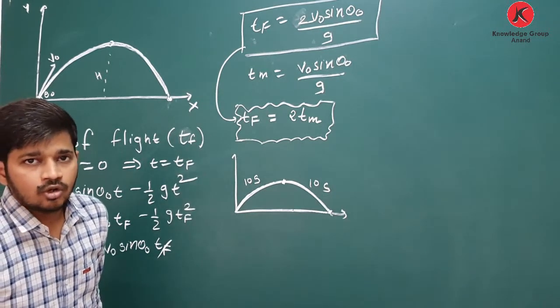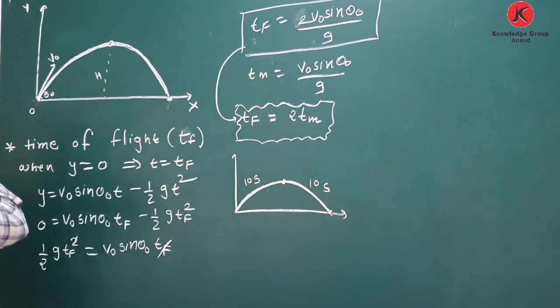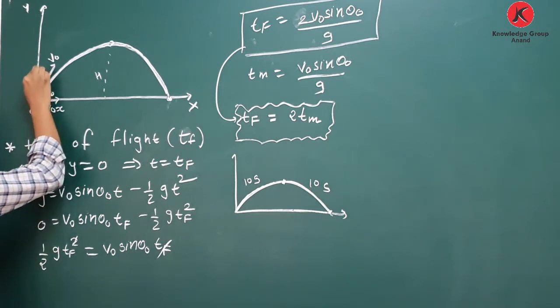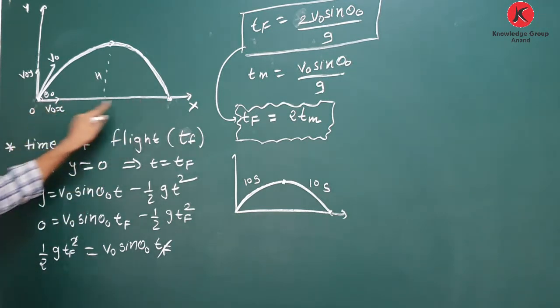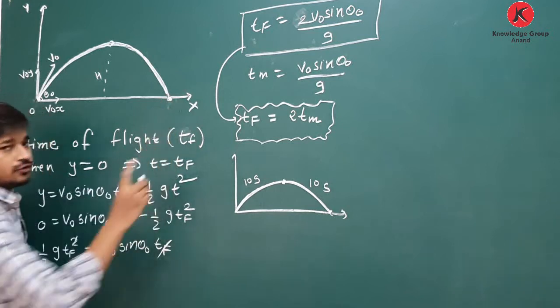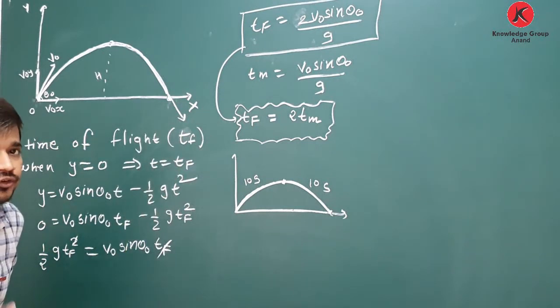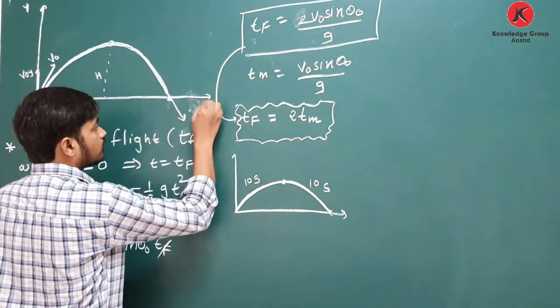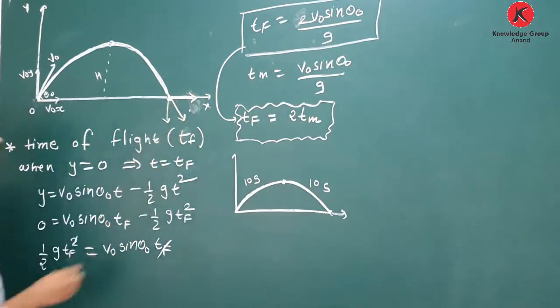Clear about this? Now as it takes the same time, the magnitude of velocity will be the same. See how? V0 has two components: V0x in this direction and V0y in this direction. If the object returns to the same height, at this point the velocity is in the direction of the tangent, in this direction. Now if I resolve this velocity into two components, the x component will be in this direction and the y component in this direction.